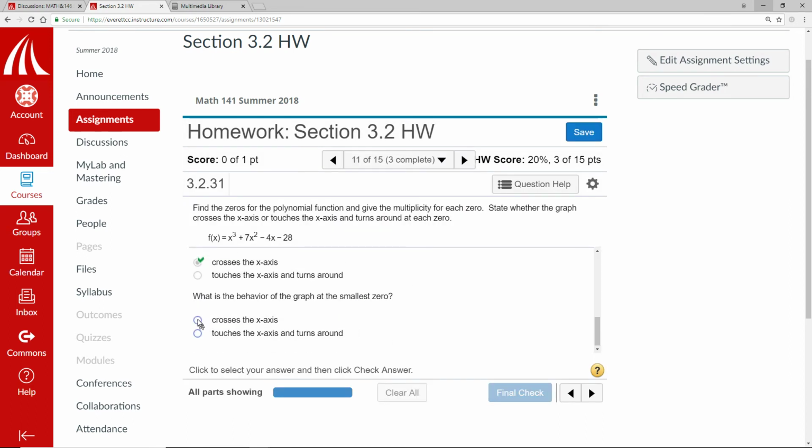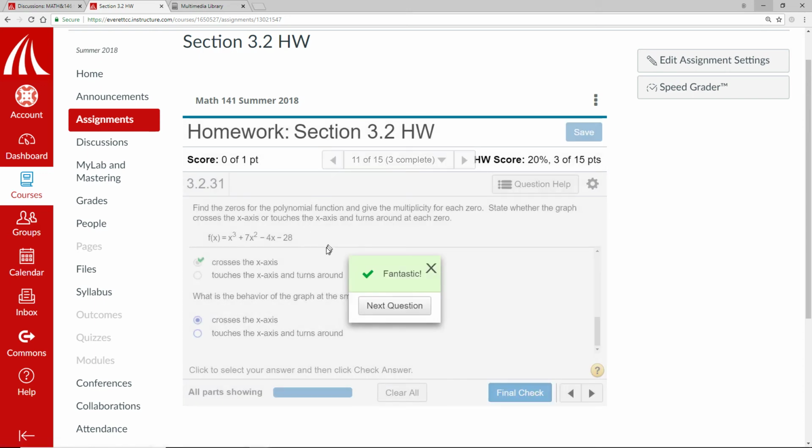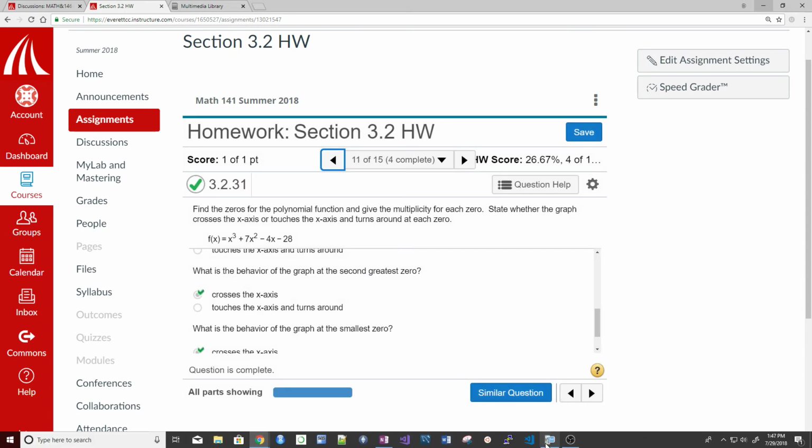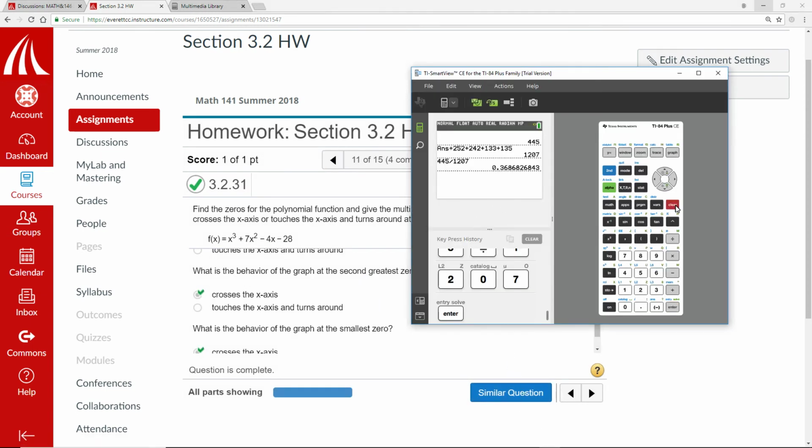Another thing that you could do is actually graph it. You could graph that polynomial. Let me go back and you can use your graphing calculator to actually graph the polynomial. You just type in y equals x cubed plus 7x squared minus 4x minus 28, and then just hit graph.